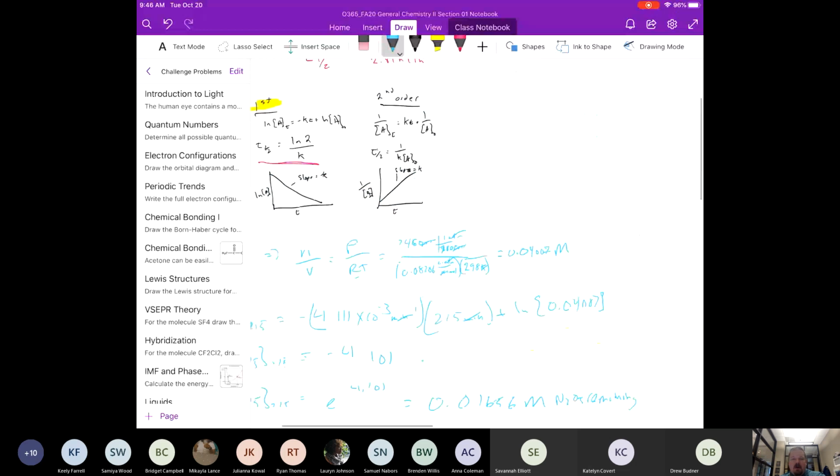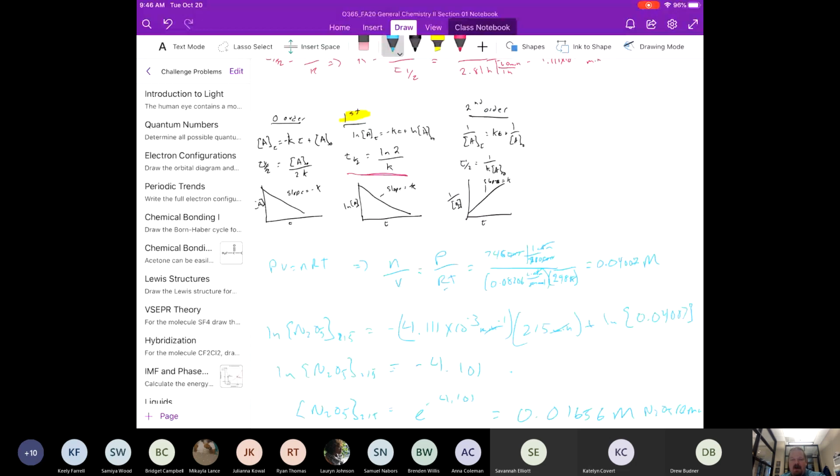If we graph the concentration versus time and get a straight line, we can say that is zero order with respect to that. If we graph the natural log of the concentration versus time and get a straight line, it would be first order. If, on the other hand, we graph 1 over the concentration versus time and get a straight line, that would be second order. So this is another method we can use to follow concentrations and help determine rate laws or rate orders. But if you remember, all of this rate information has to be determined experimentally.